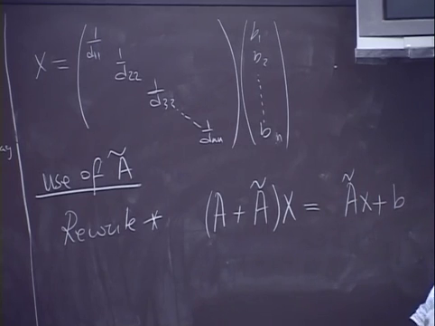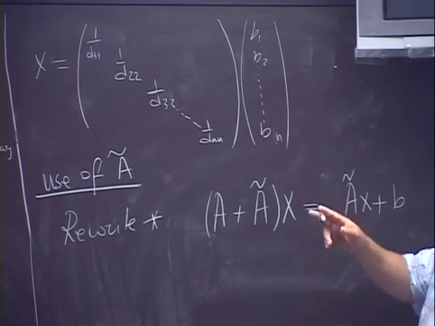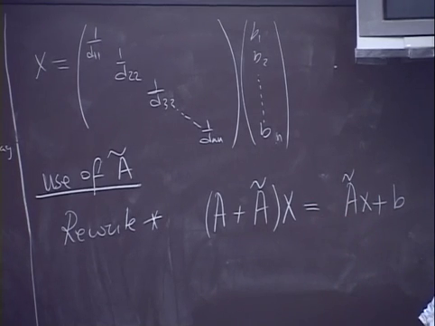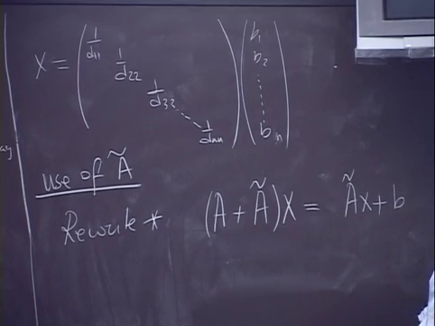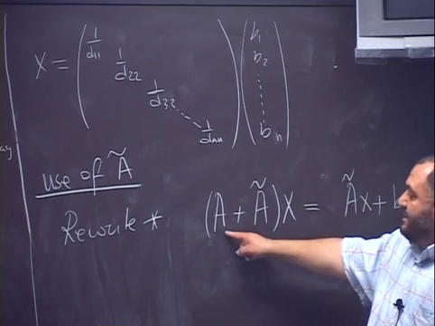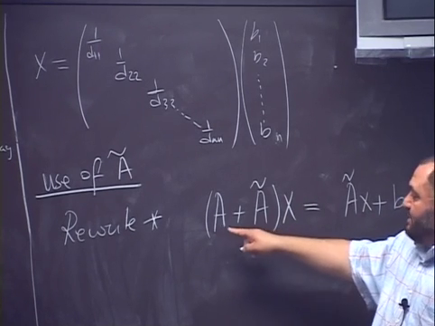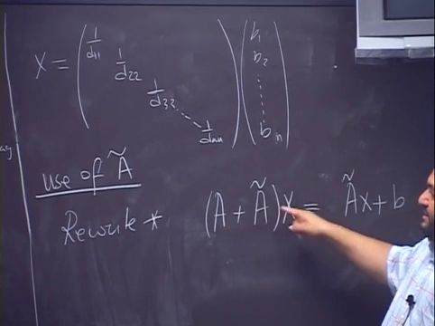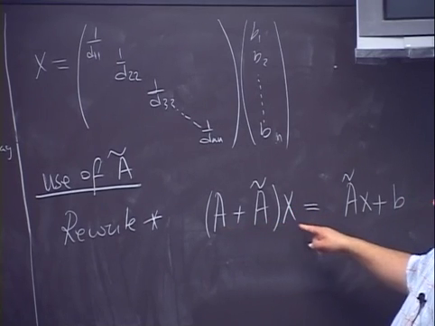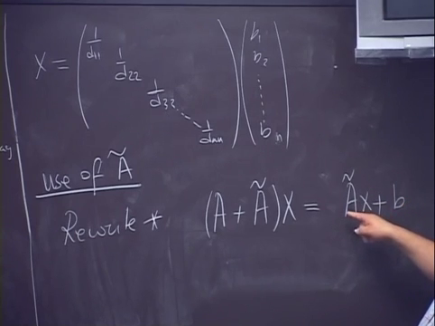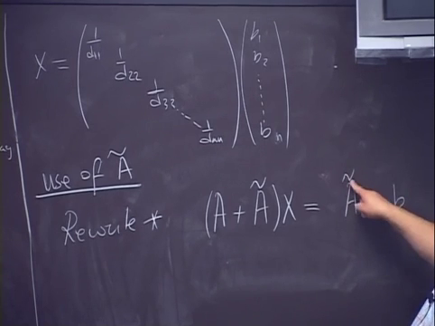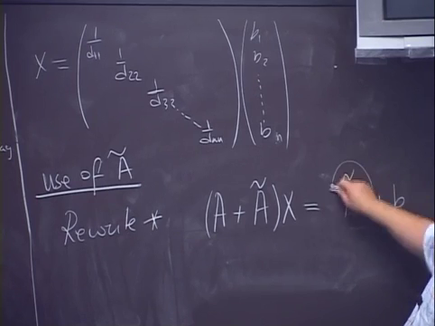We just added A tilde to both sides. So we added A tilde to A, and this would be A plus A tilde operated over x, and then the right side will be A tilde x plus b. This is coming from this.